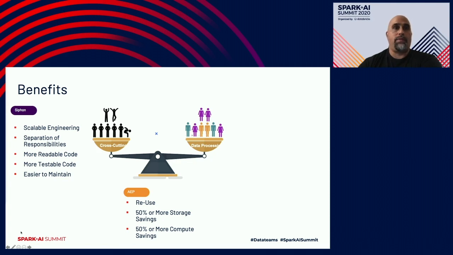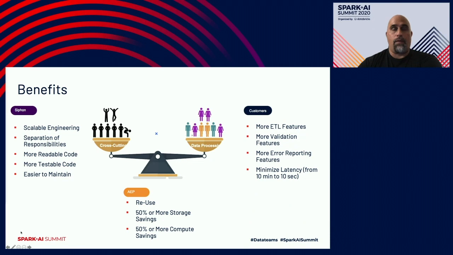With CDP, we've solved that problem. Now for our customers, what it means is that we can deliver more features faster for ETL, for validation, for error reporting. More importantly, the overall experience for the average file size that we have going through these more complicated flows, we're down from minutes to seconds in execution.